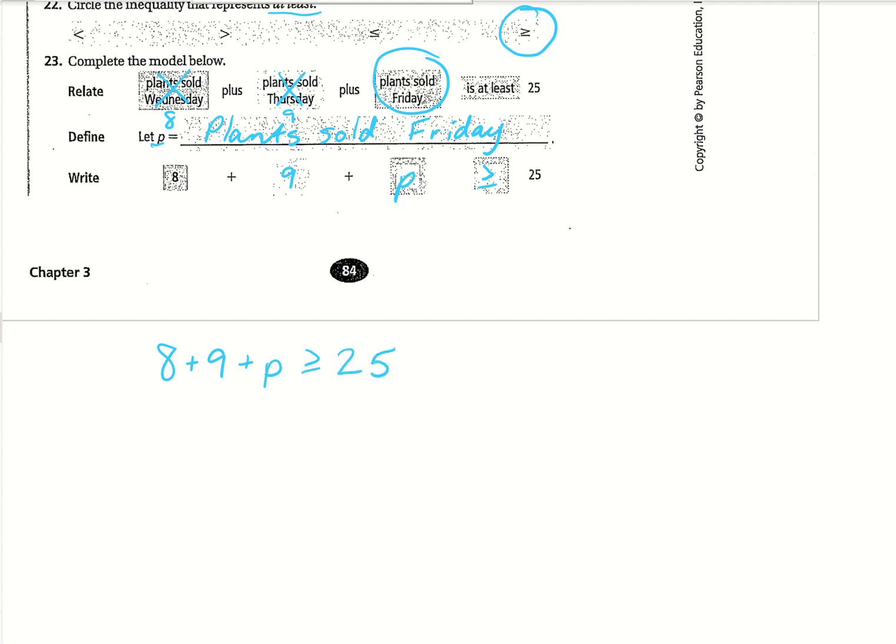Because we need to combine like terms, this is actually going to end up being a two-step equation. Combining like terms, that's going to be 17. We have 17 plus P is greater than or equal to 25. Then we can subtract 17 from both sides in order to isolate the variable. That'll cancel there, and we're left with P is greater than or equal to 8.